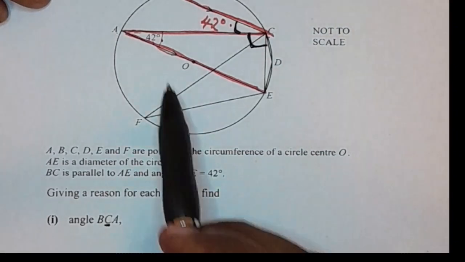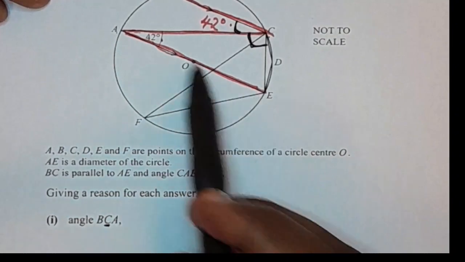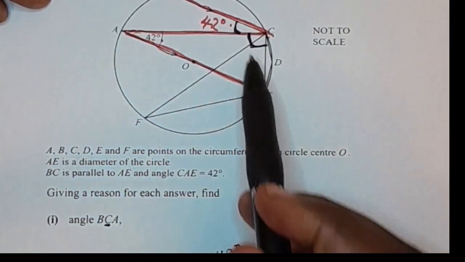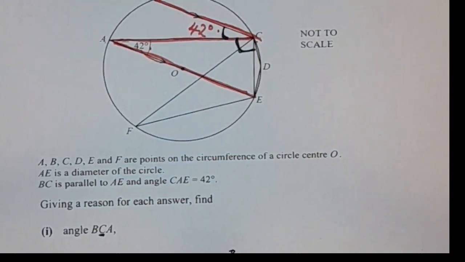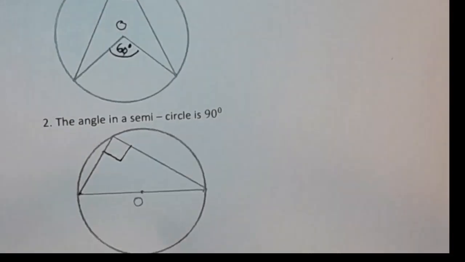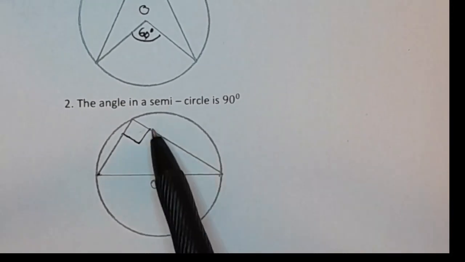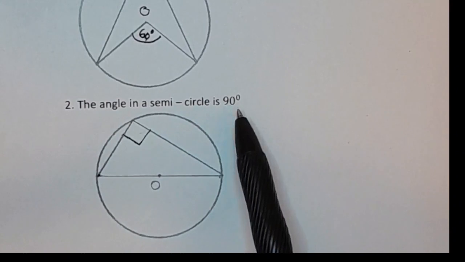Remember, we have been told that AE is a diameter. So since this is a diameter, which theorem are we going to use? We'll use the theorem that says the angle in a semicircle is 90 degrees.